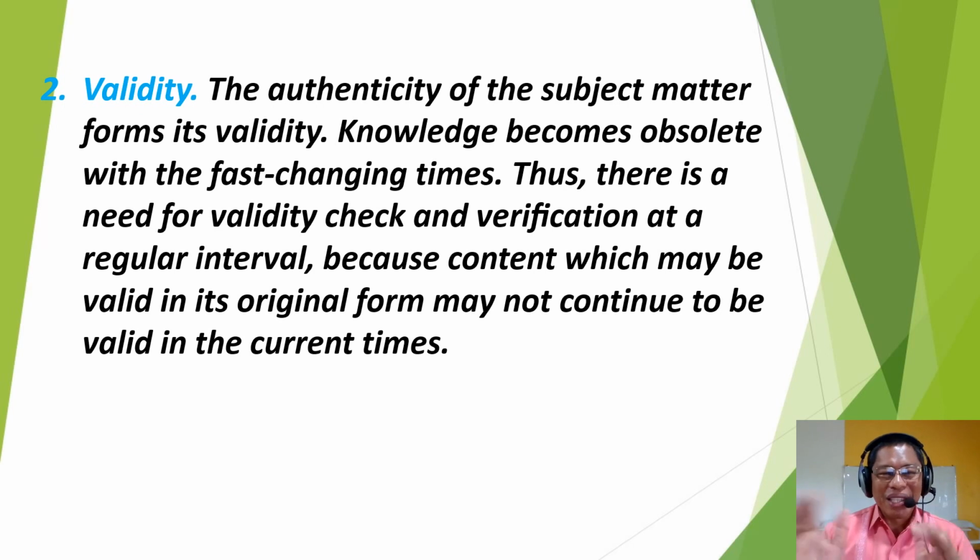Ay di mababawasan ulit yung ating planeta. 7 na lang. Okay, so nagbabago po ang mundo, nagbabago ang universe. Everything changes, including knowledge. So, let us be very sure that what we are teaching is still valid, true, and authentic. Yan. So, validity. Dalawa na po, no?